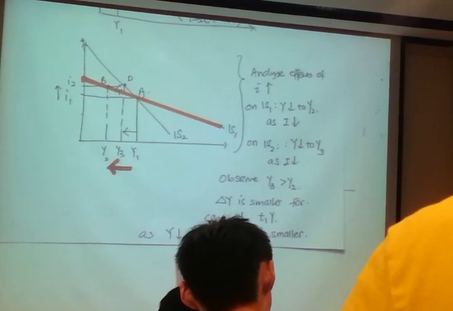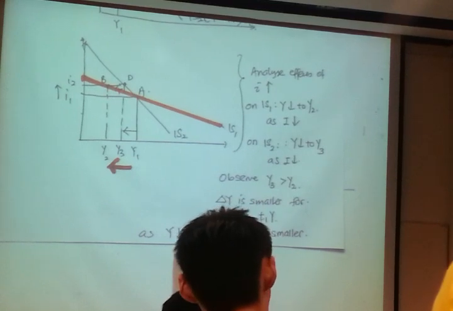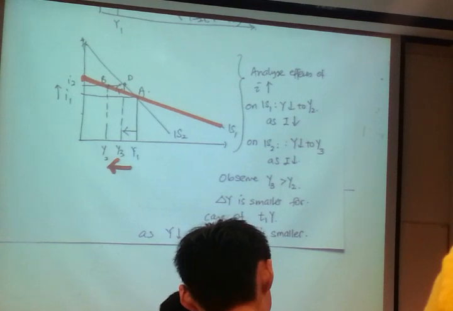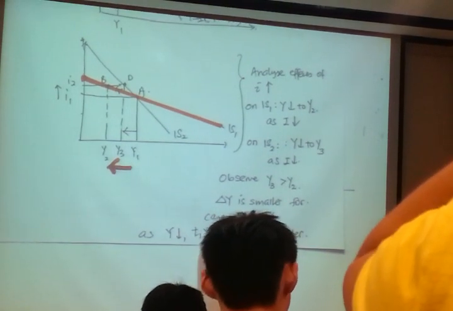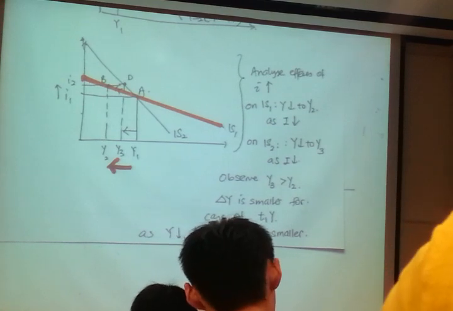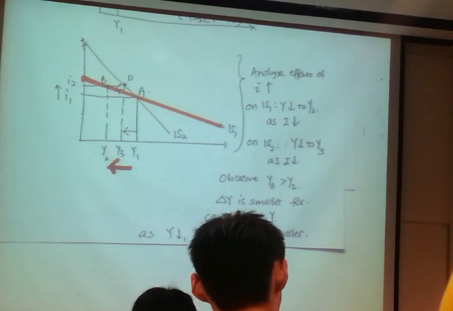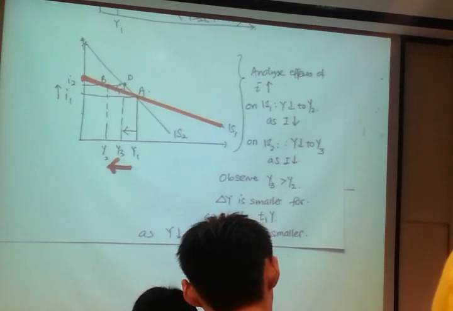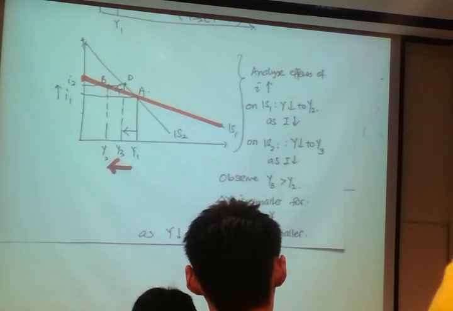That's why the examiner uses this kind of question to elicit the good students. Okay, so there should be a drop in investment, but it was partially offset by the proportional tax. Right? Okay, so income drops, consumption should drop. But at the same time, you also pay lesser income tax. The drop in C is smaller.